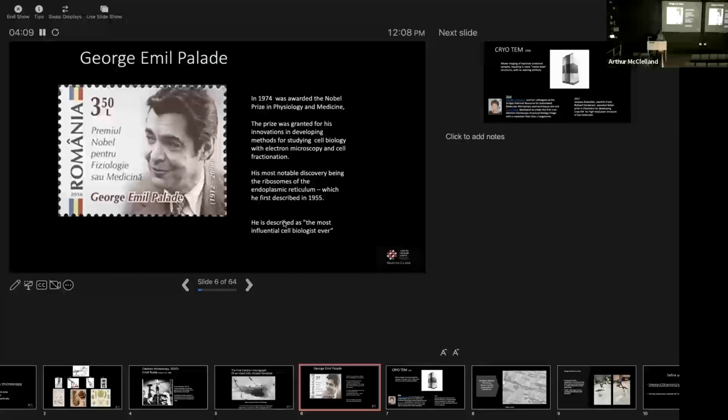So those of you doing ribosome imaging nowadays with cryo and the high resolution microscopes can trace your ancestry back to the very first electron microscopists of George Palade's work. He's often described as the most influential cell biologist ever, and basically began the entire science of cell biology.